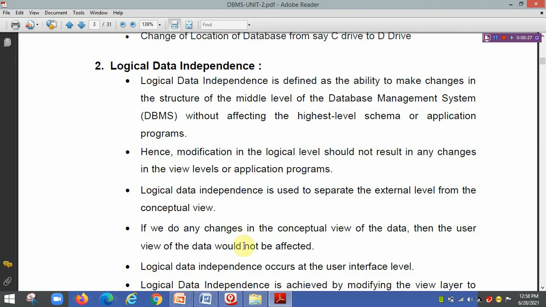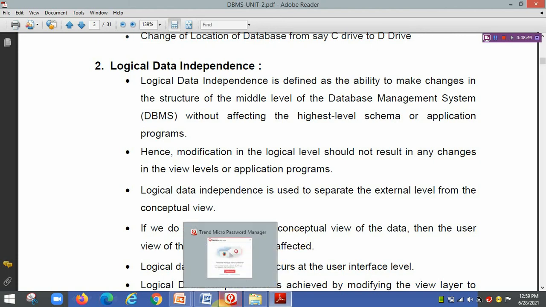That means logical data independence has the capability to make changes in the structure of the middle level or logical level, okay, but not affecting the highest level schema or application program or user level, okay.